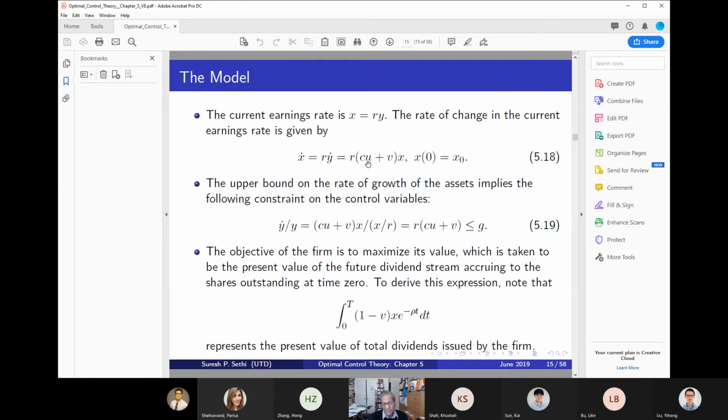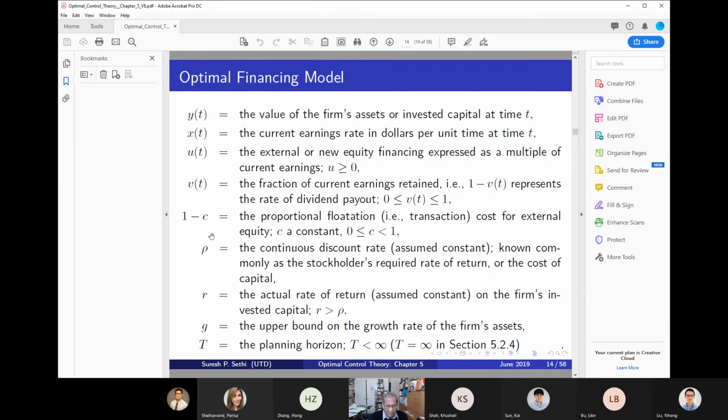But if I sell the securities, if I put that much money in, I only get C U, because I have to give 1 minus C to the brokers.